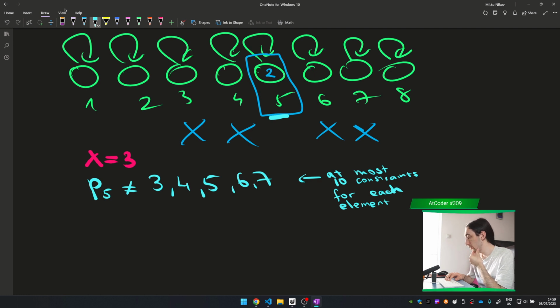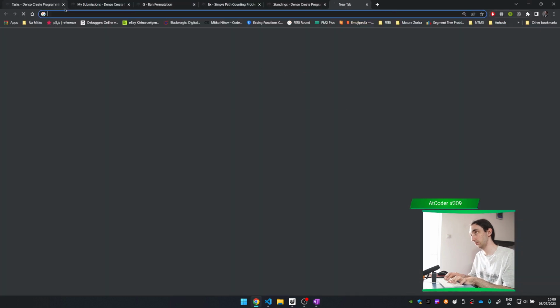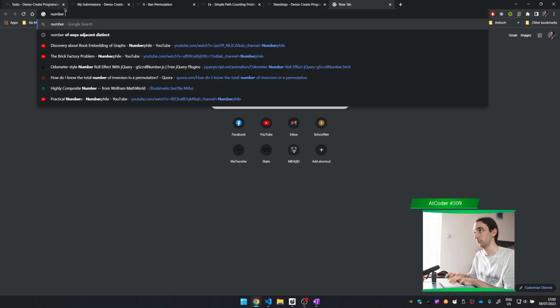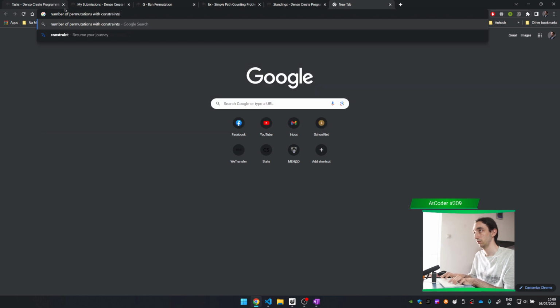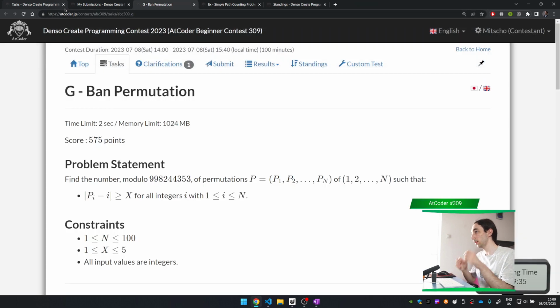It kind of looks like some... but these are not very general constraints.